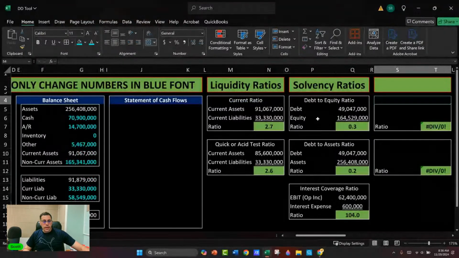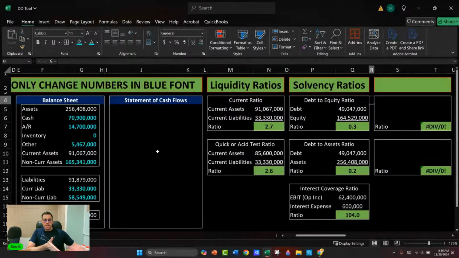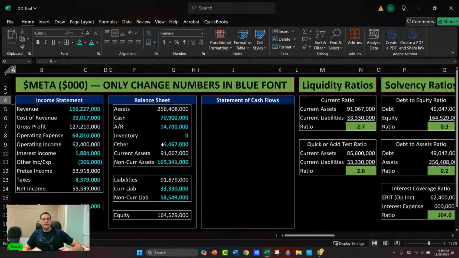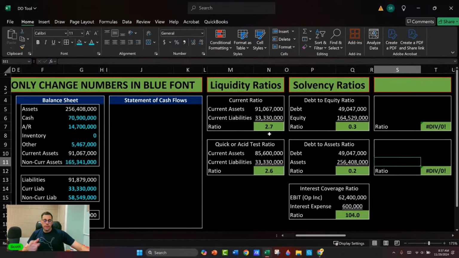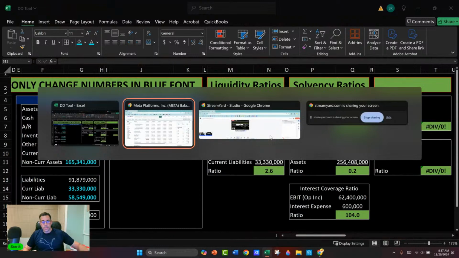Because you could always look at a company's profit and say, okay, it's going up. That's good. But how fast is it going up? Like on what percentage basis? So that's what these things will do. And also to compare against other companies will help a great deal.